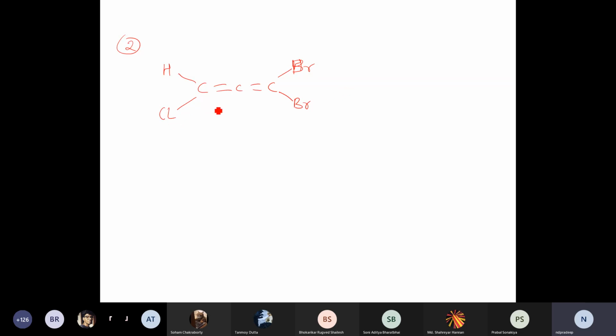This is chlorine. So I make another compound like this. Here I have hydrogen, bromine, hydrogen, bromine.